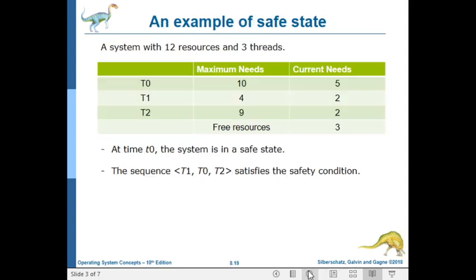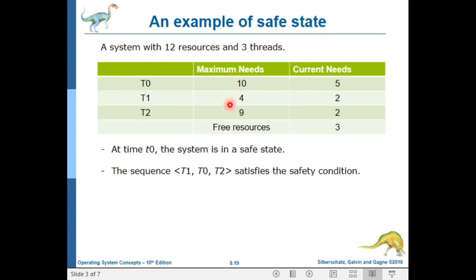We look at an example of a safe state. Let's say we have a system with 12 resources and 3 threads: T0, T1 and T2. This is what we define as additional information.